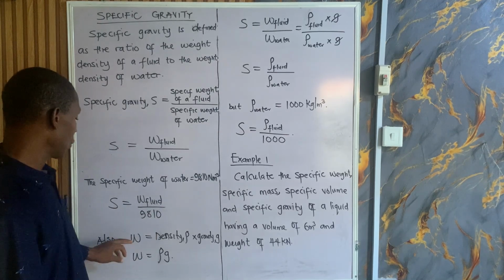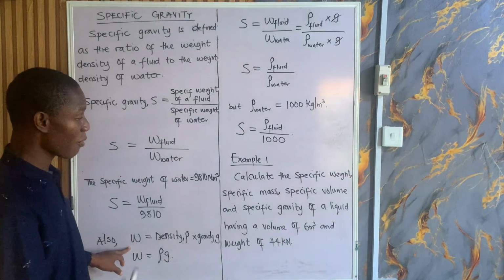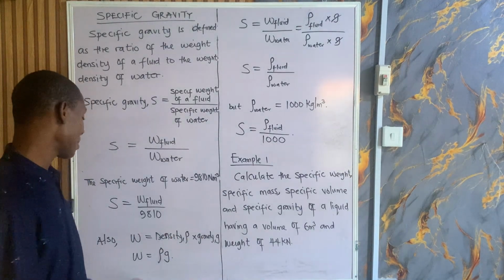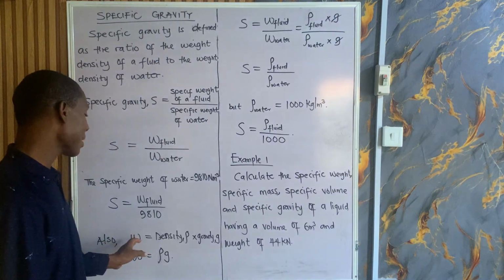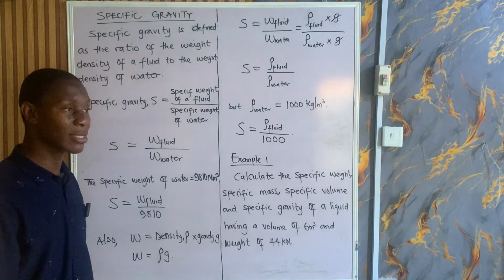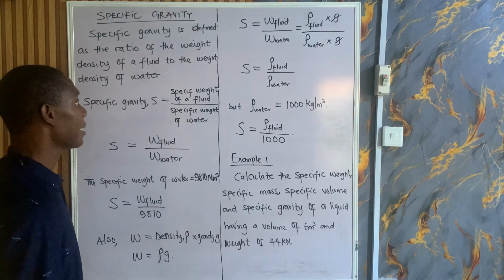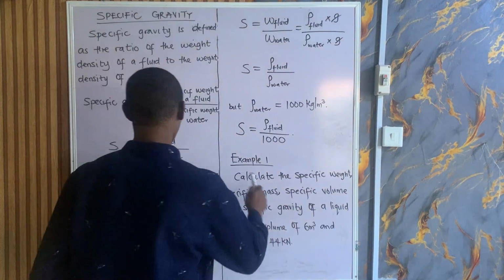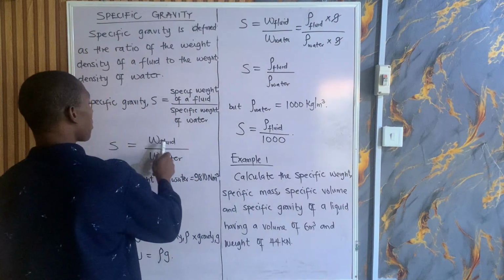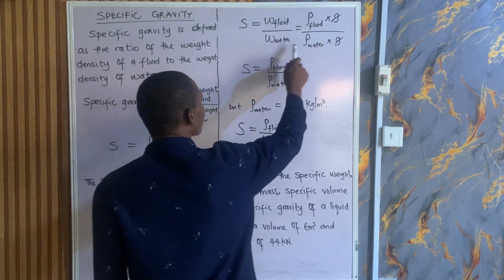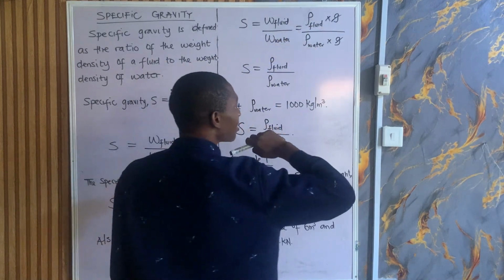Now, specific weight also, we proved that earlier, that it is density times gravity. That specific weight or weight density has a relationship between density and gravity too. We defined that earlier. So we can come back here to say that specific weight of a fluid will be density of the fluid times gravity, and specific weight of water will be density of water times gravity.